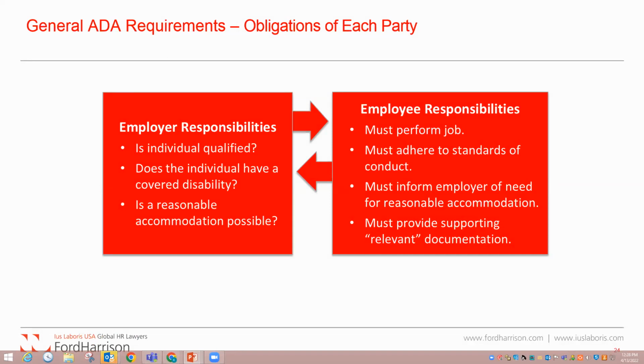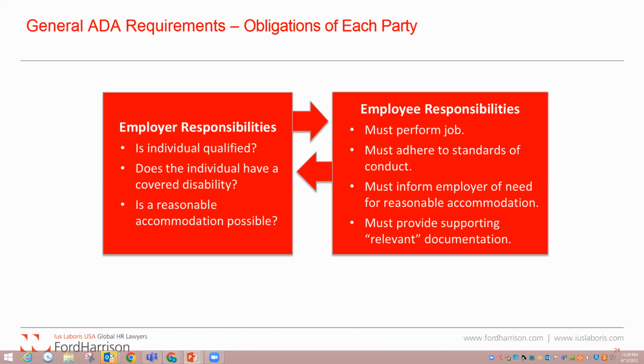For example, if an individual has some known limitations and applies for a position as your CFO, and the requirements of that position are you have to have an accounting degree and your CPA certification, and the individual doesn't have any of that, well, they're not qualified for the job, just the basic qualifications.